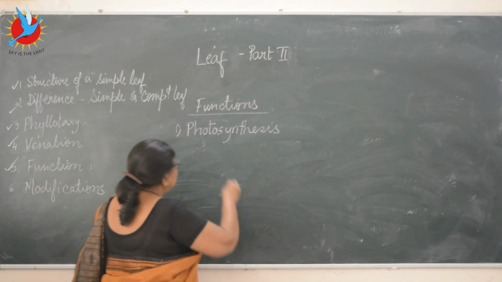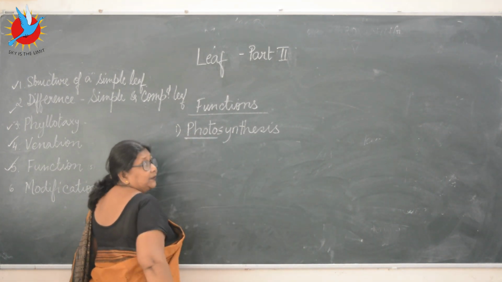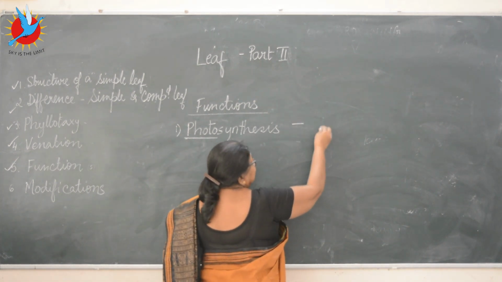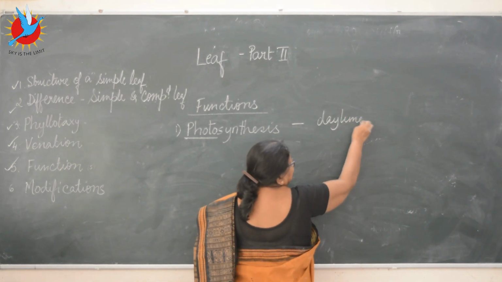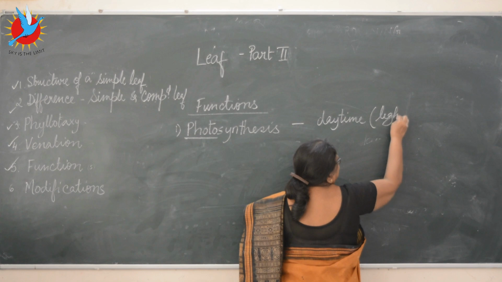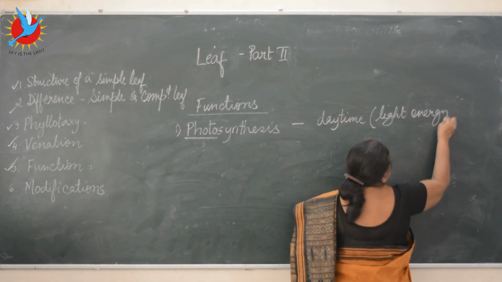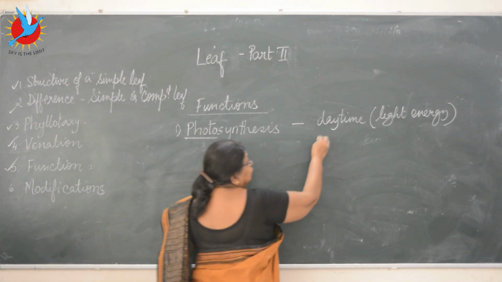So this word photo gives you the answer. Photo means light. So green plants prepare the food during daytime. Why during daytime? What will be available during daytime? Light energy. And which type of leaves prepare the food?